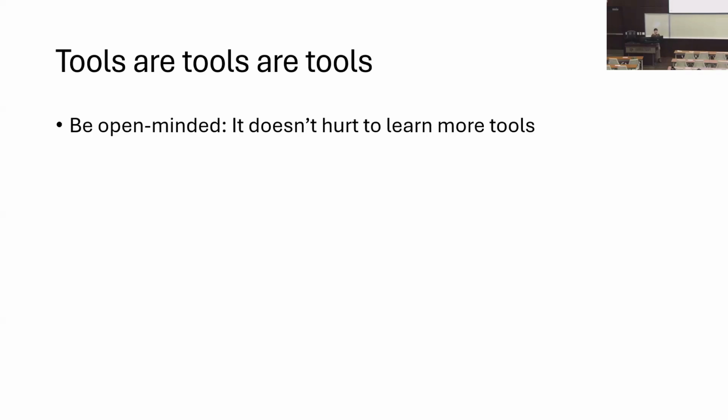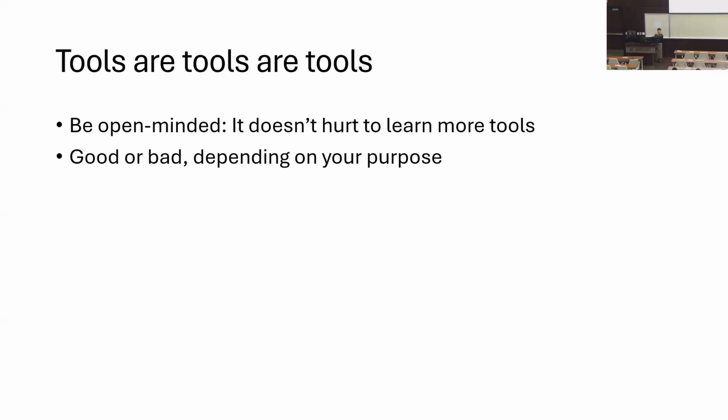So just be open-minded; it doesn't hurt to learn more tools, right? You can learn it and then decide whether you use it or not. And whether it is a good tool or a bad tool depends on your purpose. Like your legs are good, but you probably don't want to use them to go to the UK. You want to take the airplane, right? So it depends on the purpose. And also, a good tool can also be used for a bad purpose.